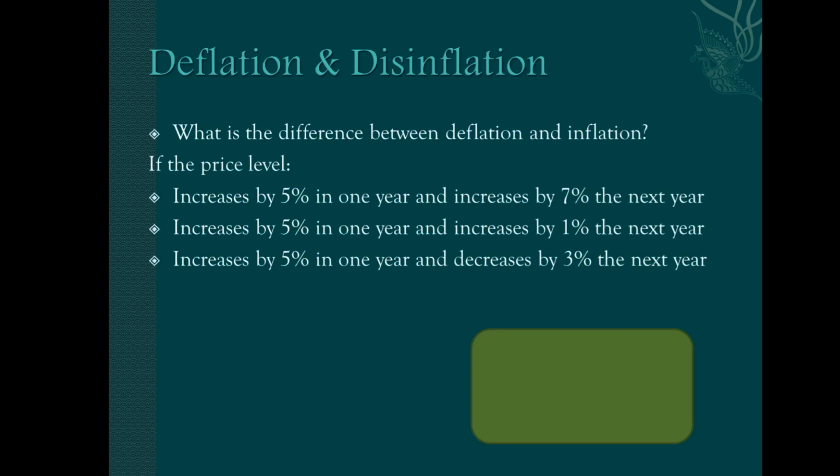So here, when you take a look at the 3 points, what is the first one talking about? If the price level increases by 5% in 1 year and increases by 7%, that's inflation, because the percentage is getting higher. What about the second one?